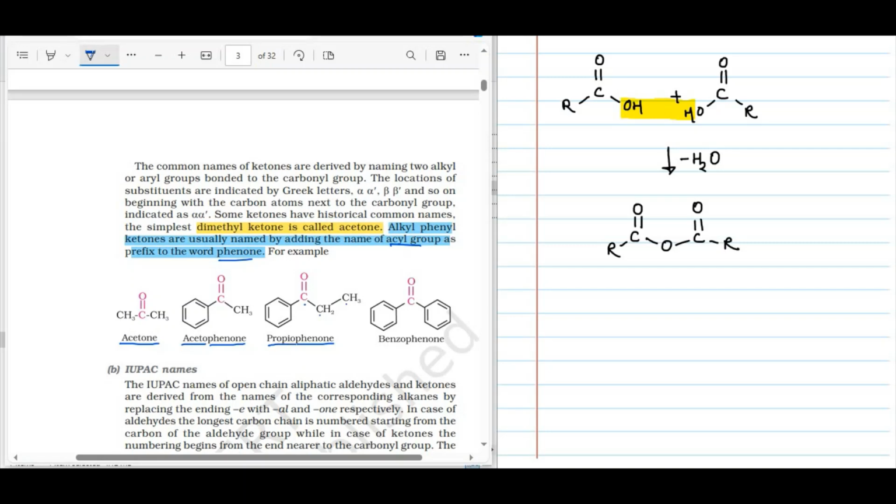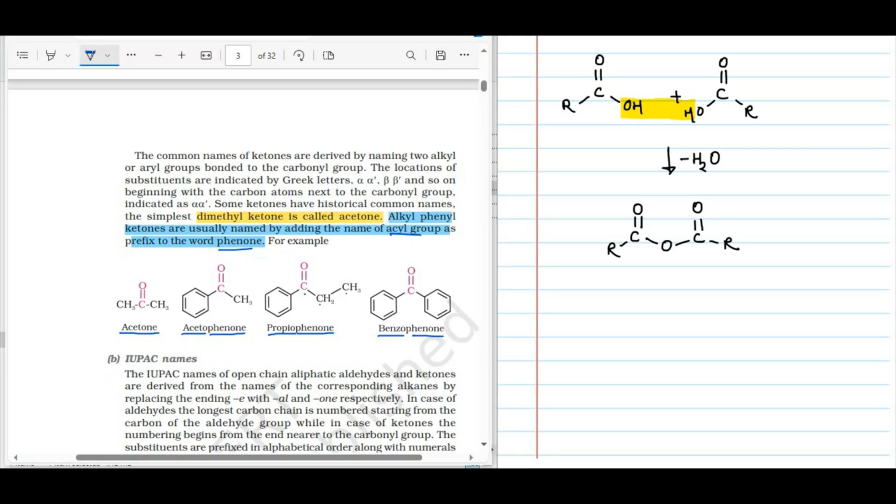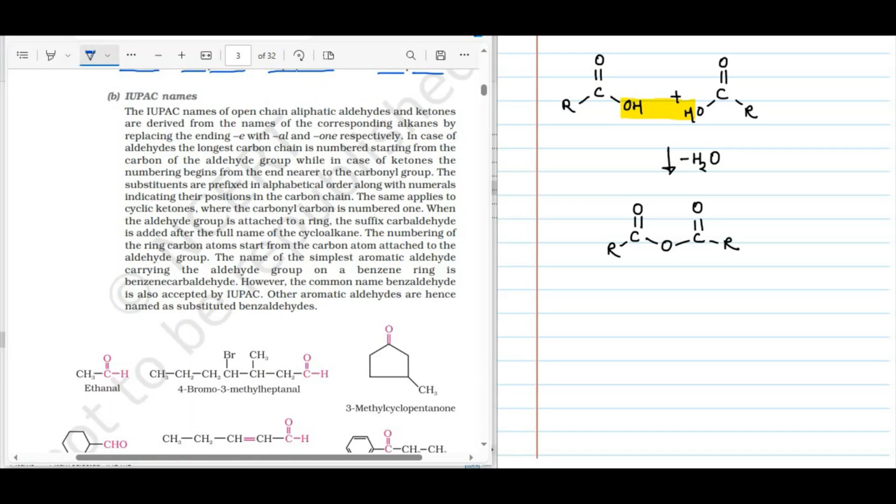In another example, here there are 2 benzene rings, so the name of this molecule will be benzophenone. Now come to the IUPAC name. The IUPAC names of open chain aliphatic aldehydes and ketones are derived from the name of the corresponding alkane, while in the common name system, the name is derived from the name of the corresponding carboxylic acid.